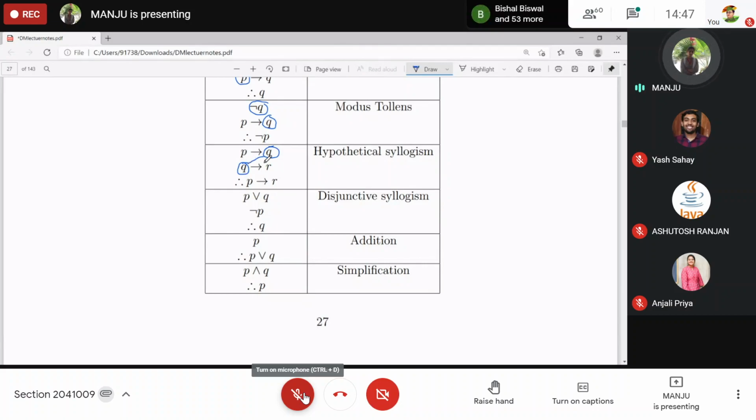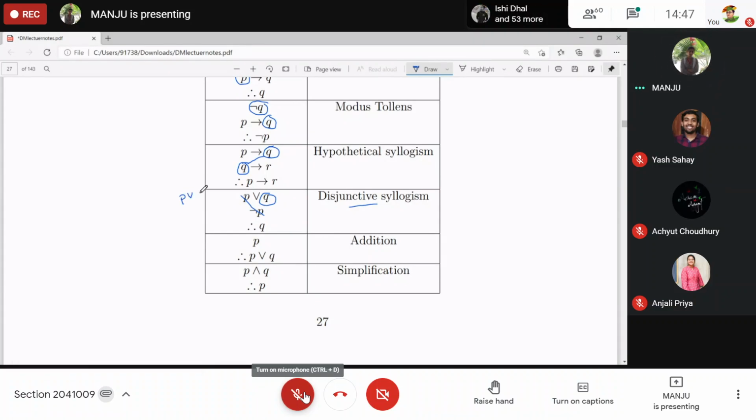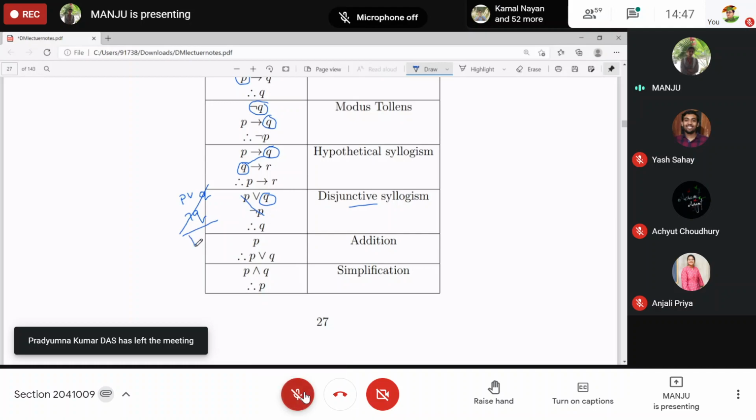Then you have P implies R. Then DS is disjunction of P and Q, P disjunction Q, and negation of either this one or this one. If you have negation P, then you have only Q as the conclusion. And if you have P disjunction Q and negation of Q, the second thing, then the conclusion will be P.